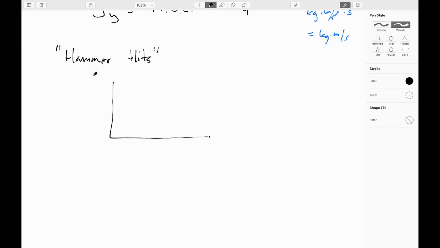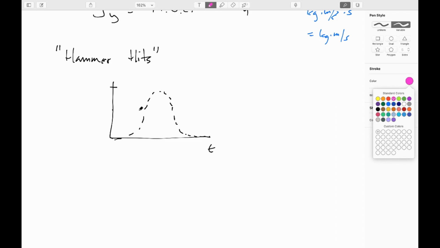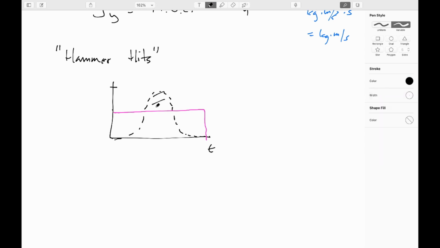You might say, well, I want to make sure the hammer doesn't break, but I don't have a good idea of the maximum force the hammer might feel. But you can come up with a reasonable definition of the average force. The average force would be the one that has the same area under the curve, and therefore the same impulse.